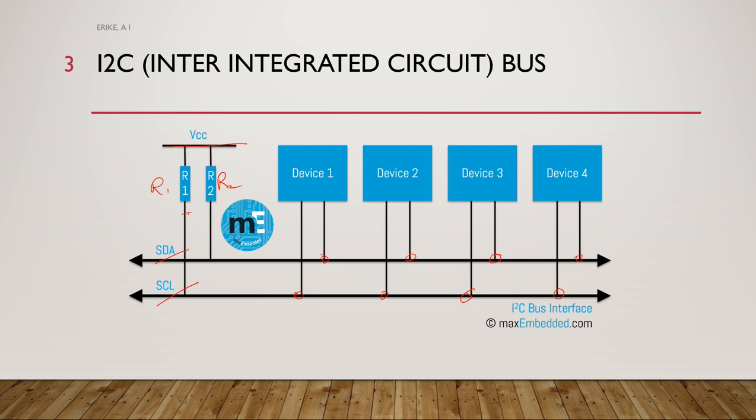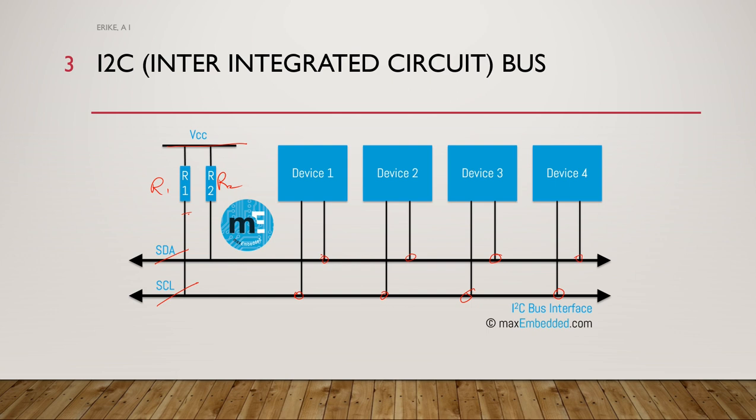During the transfer, the slave device waits for a command from the master device and then responds upon receiving the command. In other words, when the master device wants to send something to the slave device, it will knock at the door, and the slave device will wait for that command, and when it receives the knock, it will respond by telling the master, I'm available to receive the command.